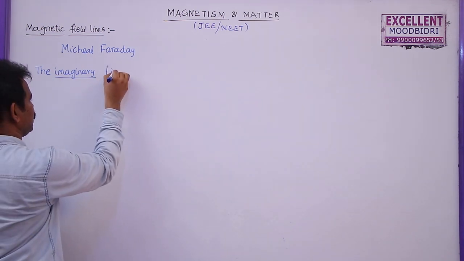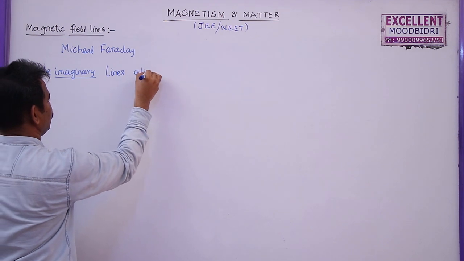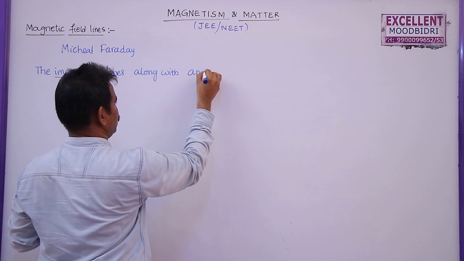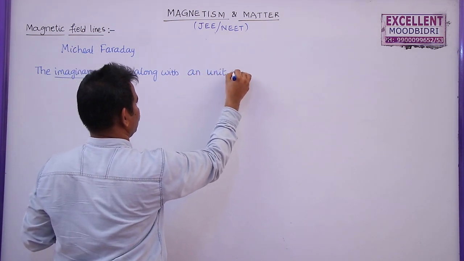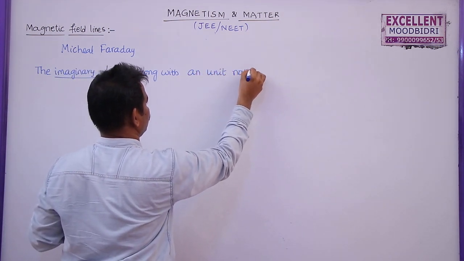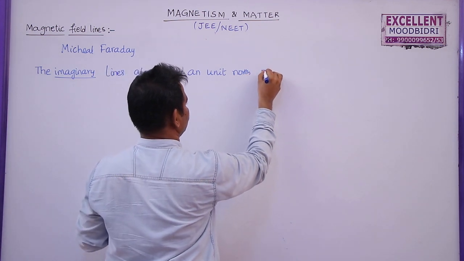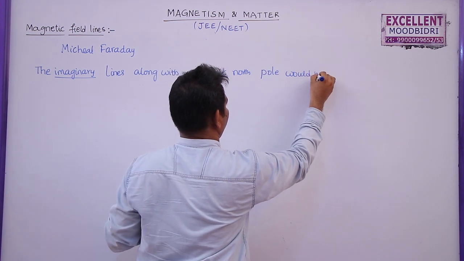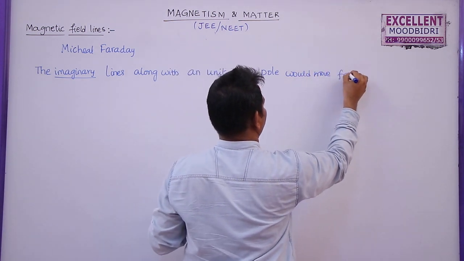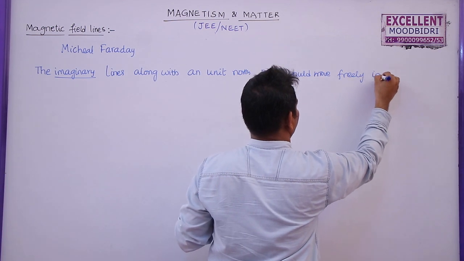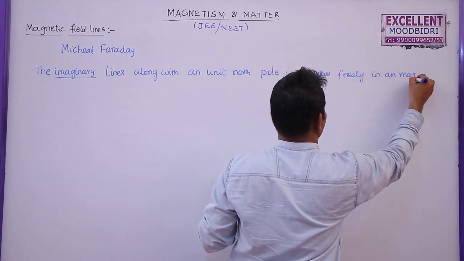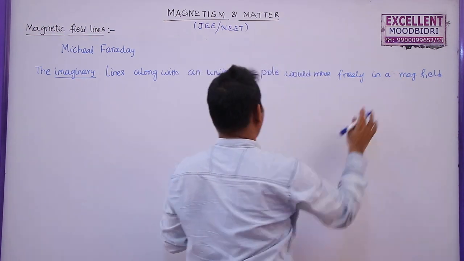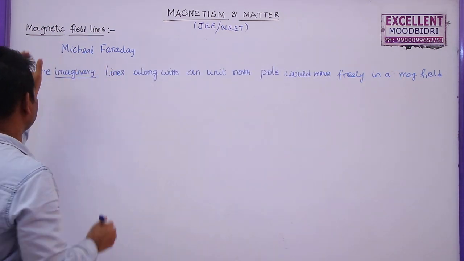The imaginary lines along which a unit north pole would move freely in a magnetic field are known as magnetic field lines.